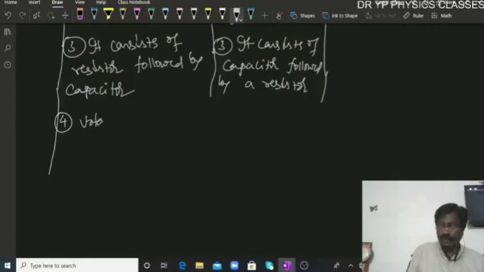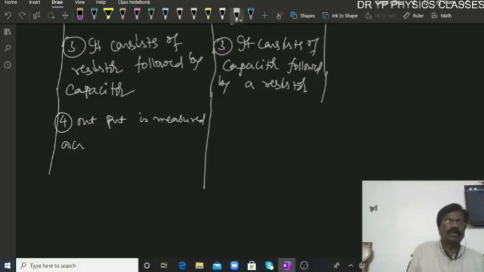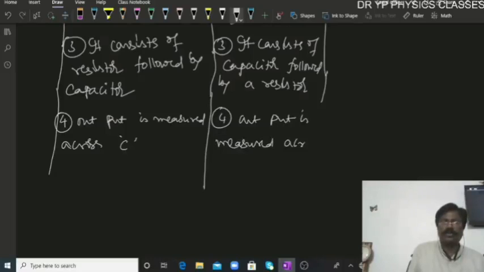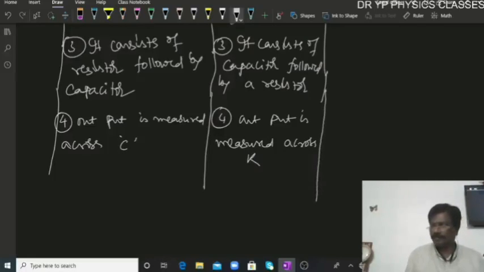And then the fourth difference I'll write here. Output is measured across C. Here output is measured across R. Okay.